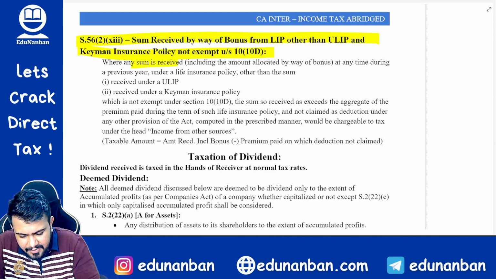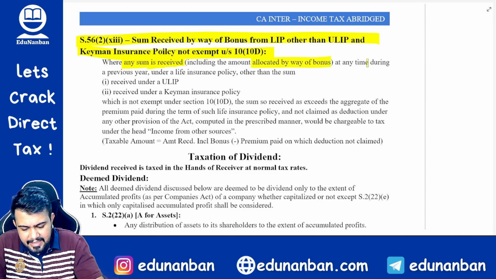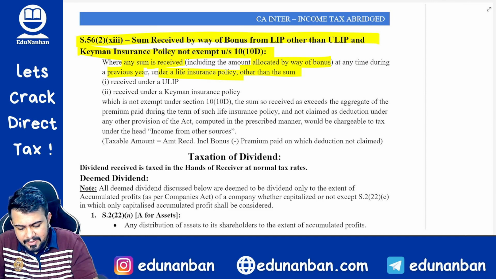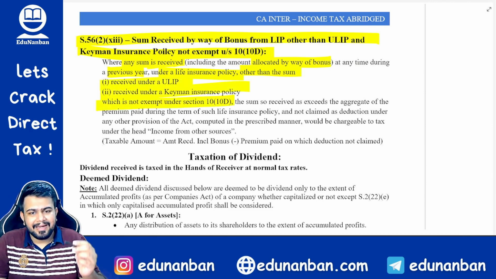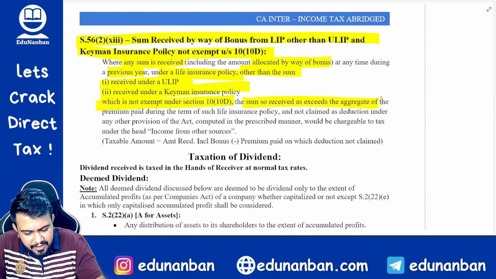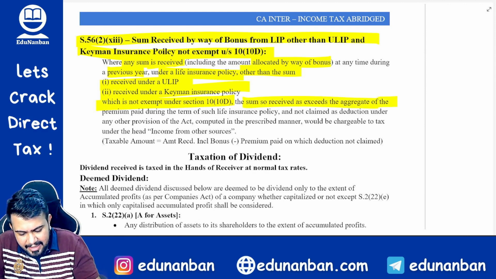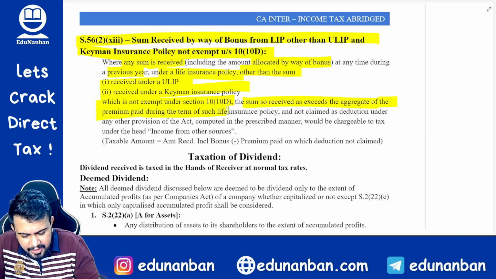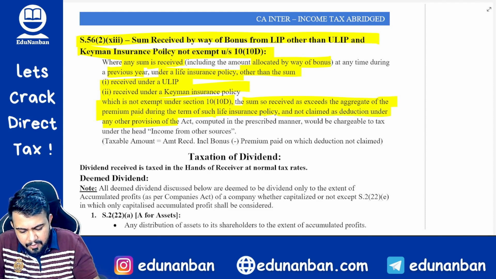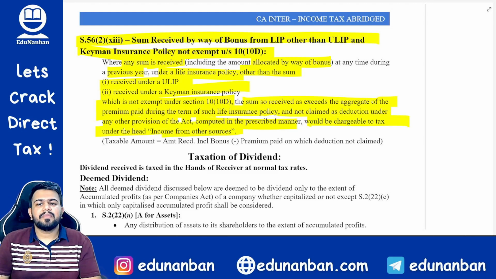Where any sum is received, including the amount allocated by way of bonus at any time during the previous year under a life insurance policy other than the sum received under ULIP or Keyman insurance policy that is not exempt under 10(10D), the sum so received as exceeds the aggregate premium paid during the term of such life insurance policy and not claimed as deduction under the provisions of the Act, computed in the prescribed manner, would be chargeable to tax under the head income from other sources.